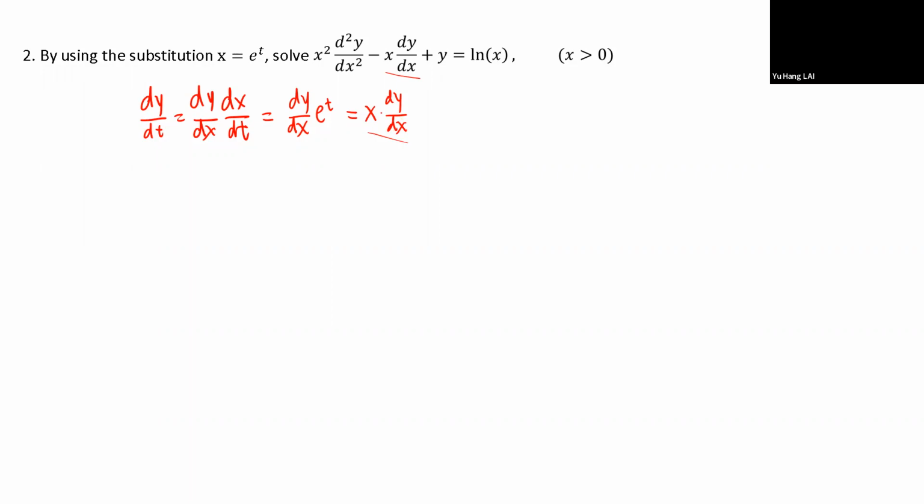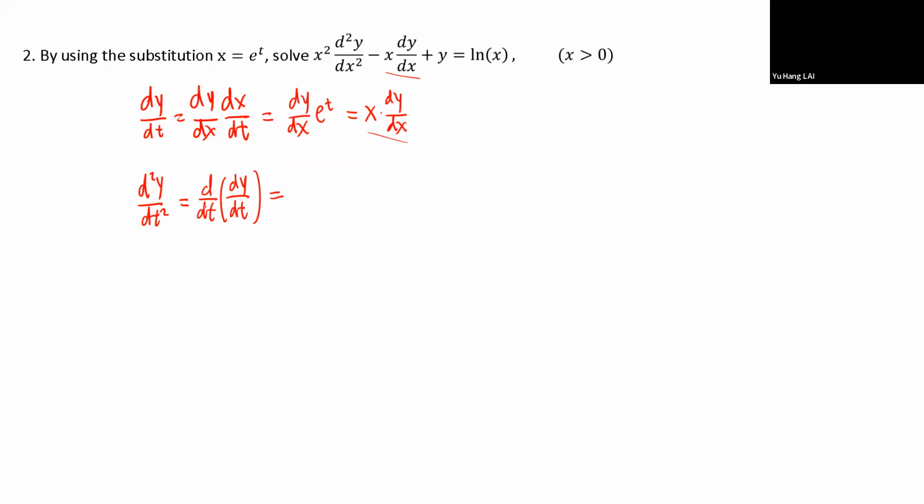So now let's also take care of the second order derivative, right? Eventually we want this d square y dt square to appear in our equation. So this d square y dt square is d/dt of dy dt.